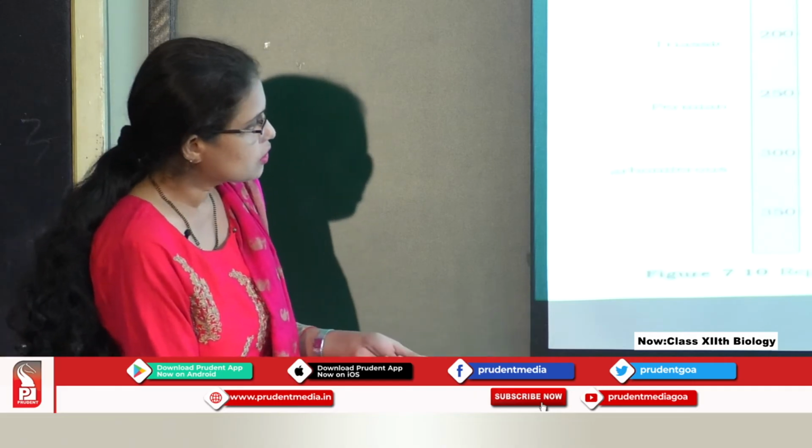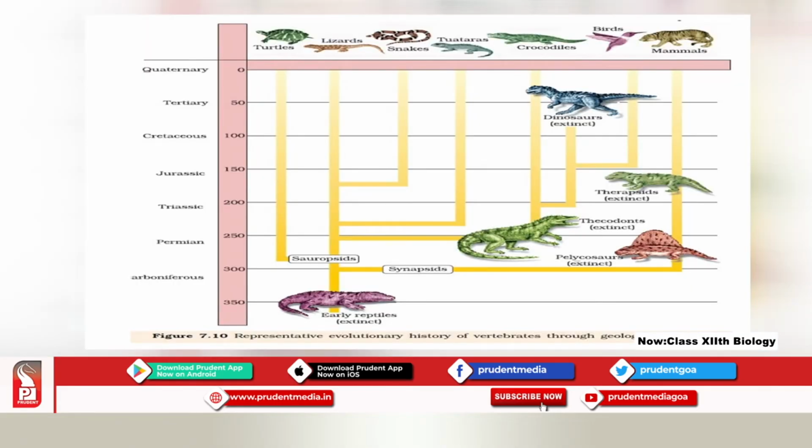This is the evolutionary history of vertebrates. From the early reptiles which have already gone extinct, there are two lines of evolution you can see. Sauropsids, responsible for most of the present day forms like turtles. One line has gone towards lizards, snakes, tuataras. So it's like a branching descent, what we have already studied.